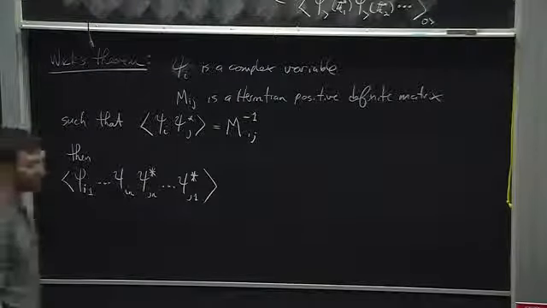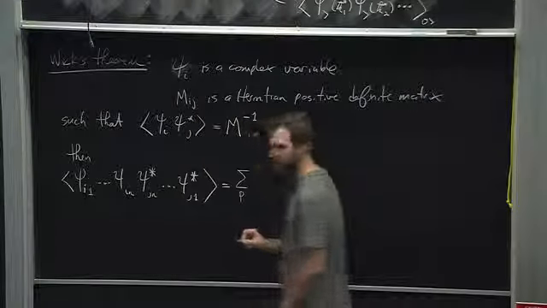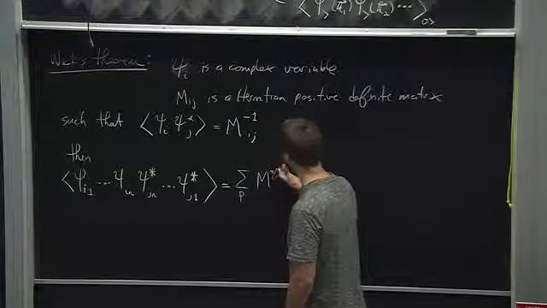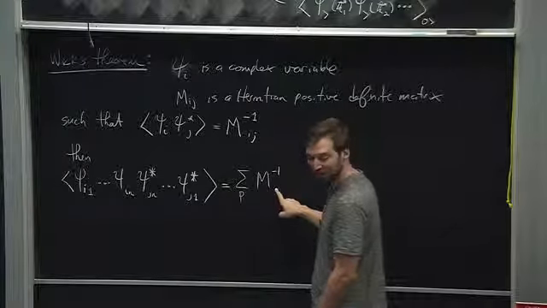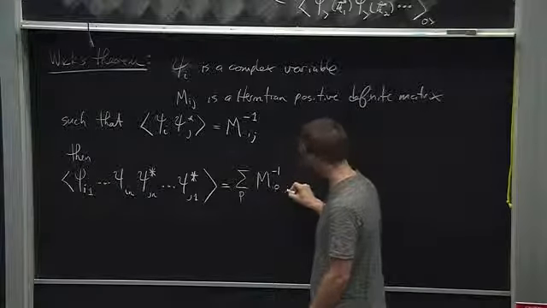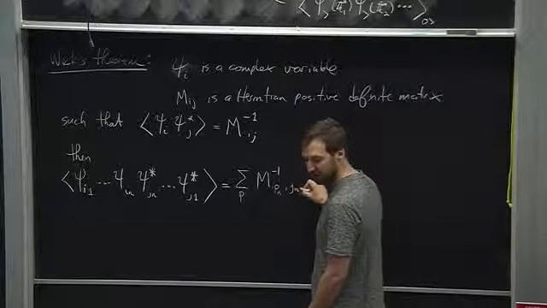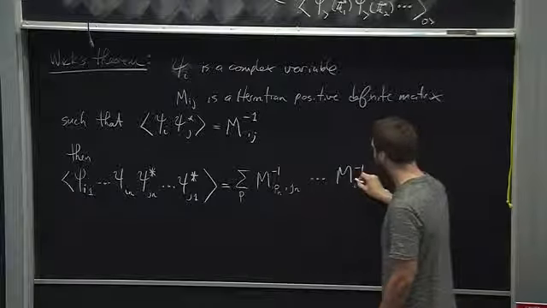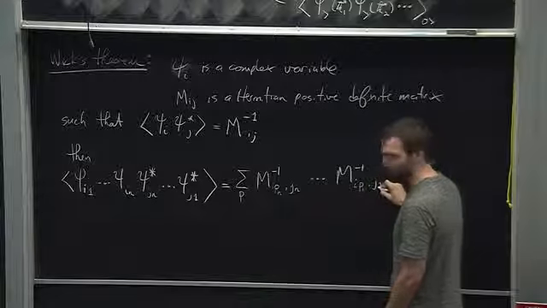Wick's theorem says that you can write that as a sum over all permutations of that 2-point function, if you will. So I'm calling it M, it's a matrix. I have to label my permutations, M minus 1, my index i, P1, and then this will be j1.